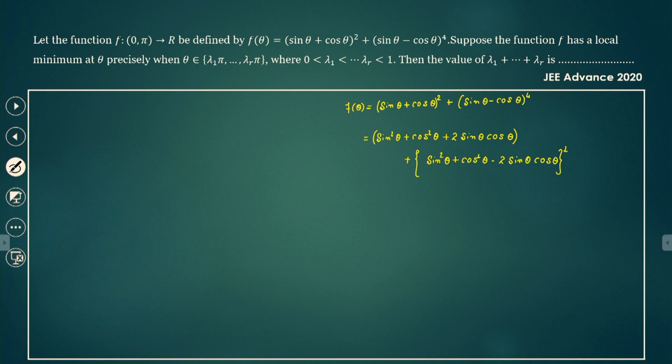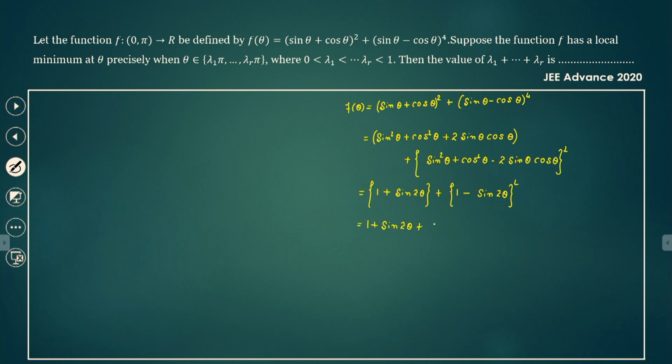Let's go ahead. We can write sine square plus cos square theta as 1, and 2 sine theta cos theta is sine 2 theta. Then plus sine square plus cos square theta, 1 minus sine 2 theta whole square. Again we apply the property of (1 minus sine 2 theta) whole square and expand.